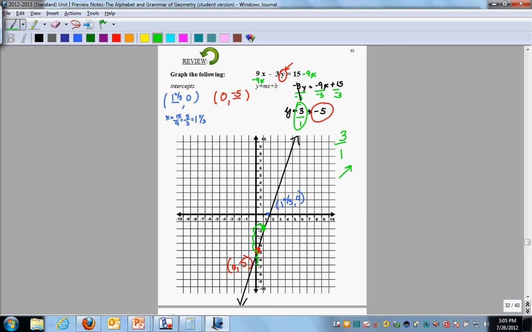Or we could go down 3 this way and over 1, and you can see that we already have the correct line with our intercept. So that's how you do slope-intercept form and using the x and y intercepts. Make sure you have both versions written down, please.